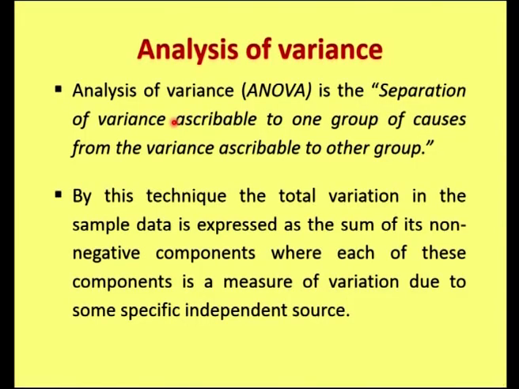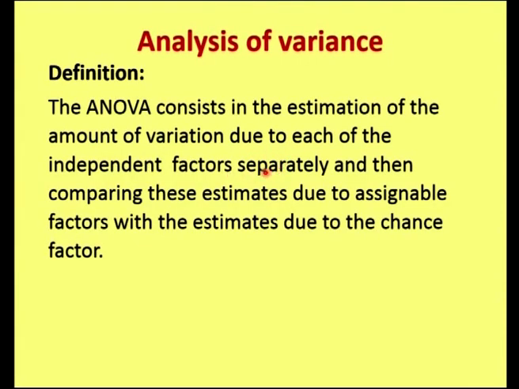The actual definition we have for analysis of variance: it is the separation of variance ascribable to one group of causes from the variance due to another group. By this technique, the total variation in the sample data is expressed as the sum of its non-negative components, where each of these components is a measure of variation due to some specific independent source, and it consists in the estimation of the amount of variation due to each of the independent factors separately, and then comparing these estimates due to assignable factors with the estimates due to the chance factors.